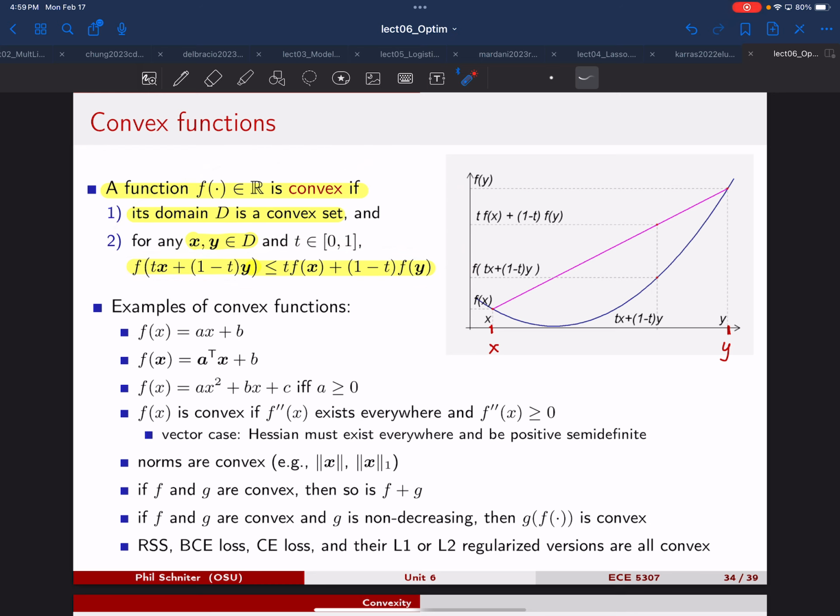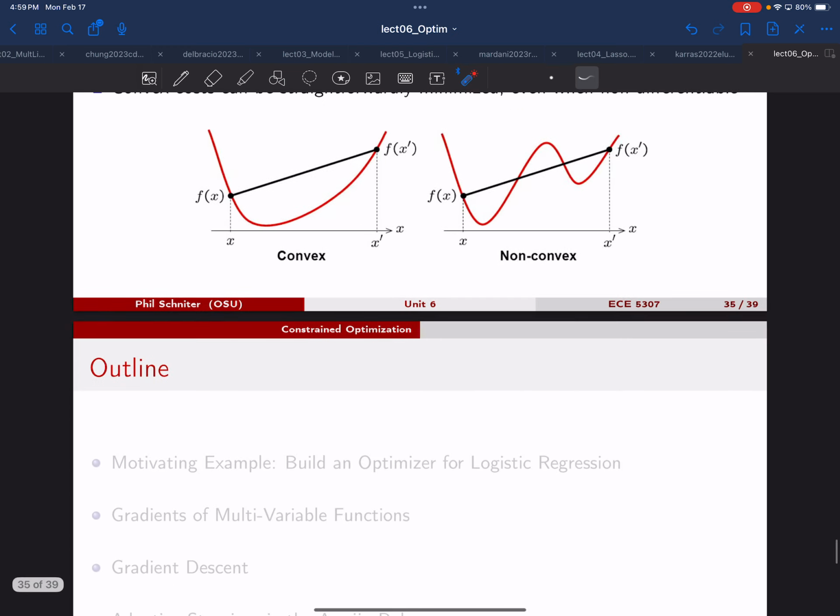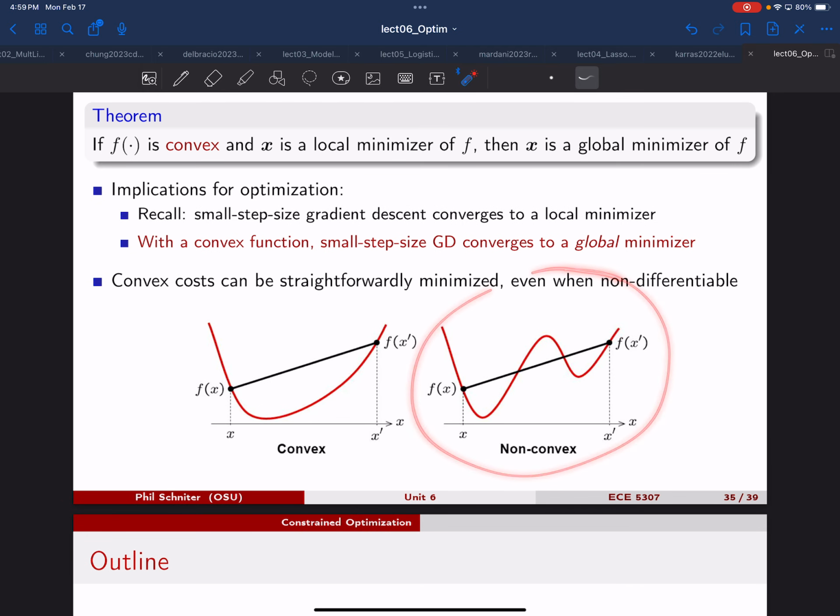So you can see that this function is definitely convex, but I think I probably have an illustration. This one would fail, because I could come up with a convex combination of x and y, evaluate the function there, and that is actually less than, or greater than this here.